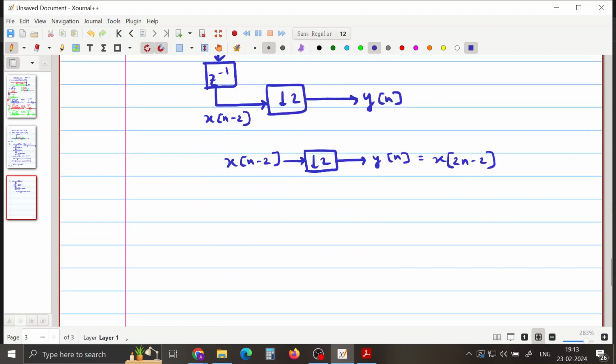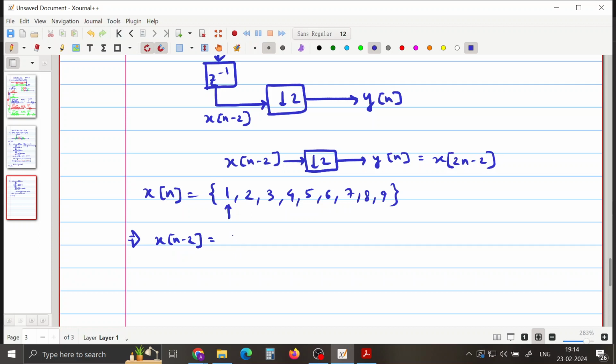And x of n in our question is given as 1, 2, 3, 4, 5, 6, 7, 8, 9 with the origin here. Okay. Now from x of n, how do you arrive at x of n minus 2? That's a delay by 2 units of time, which is a right shift by 2 units.